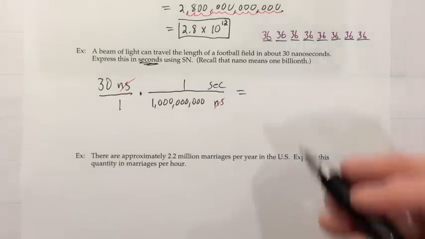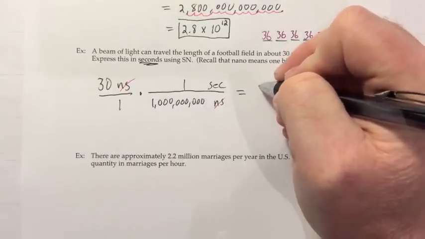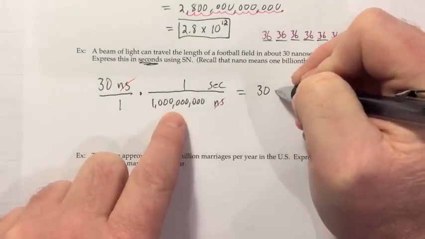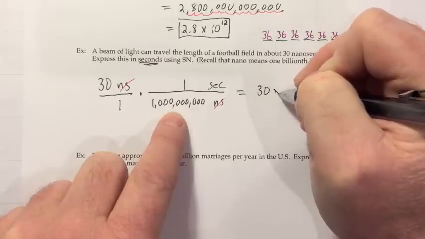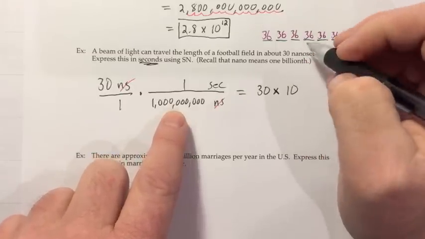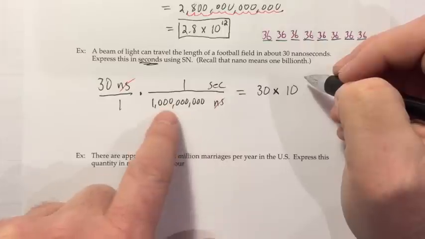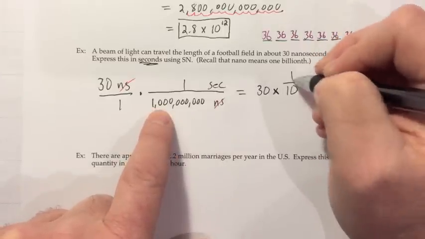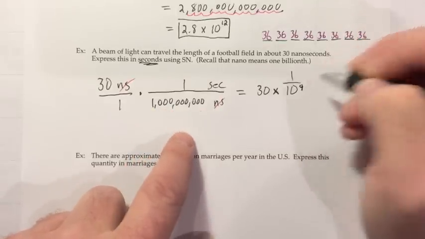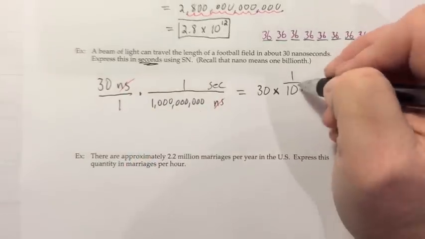So we have the 30, and then this is 10 raised to a power, the same as the number of zeros. Let me do that as 1 over, since it was a fraction. There are 9 zeros, so that would be 1 over 10 to the 9th.